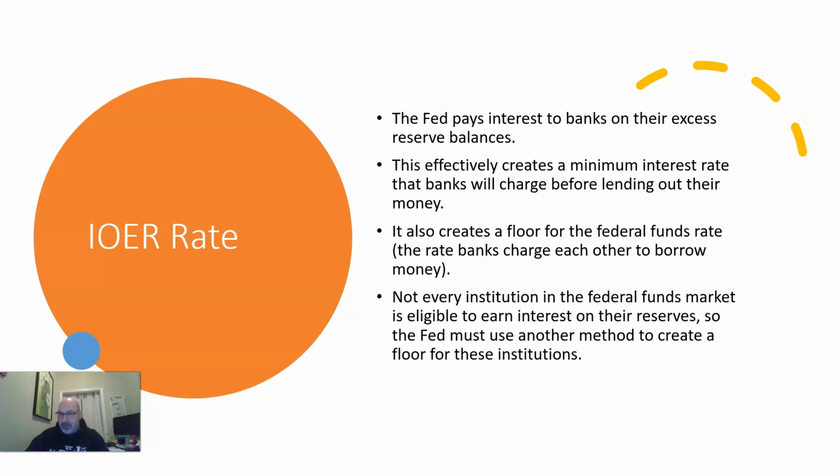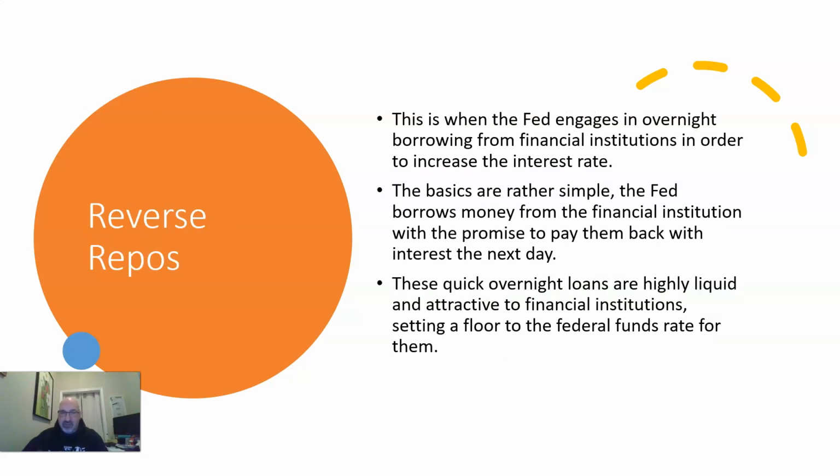If you don't, you need to borrow money from a friend to have enough when 7 o'clock rolls around the next morning, in case they come and check you to see if you have enough. And so not every institution, as I mentioned, in the federal funds market is eligible to earn interest on their reserves. So the Fed has to use another method to create a floor for these institutions.